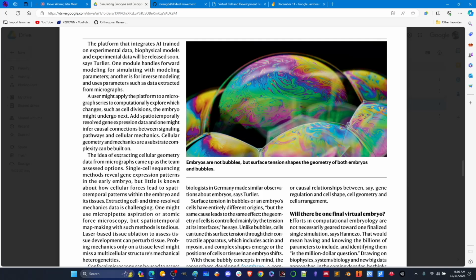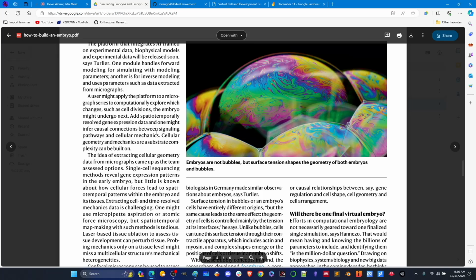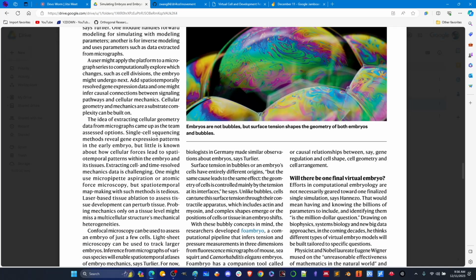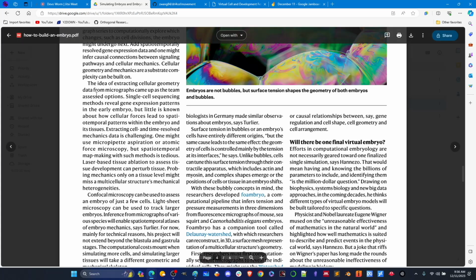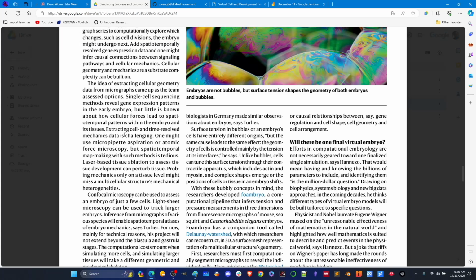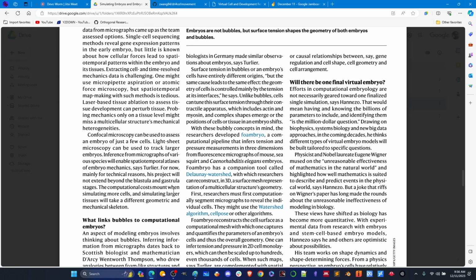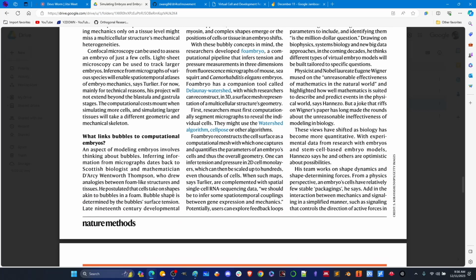So you have prediction and inference with these different forward and backward modeling techniques. And then they talk about extracting cellular geometry from micrographs. There are different types of challenges here, but that's part of the game, I guess.